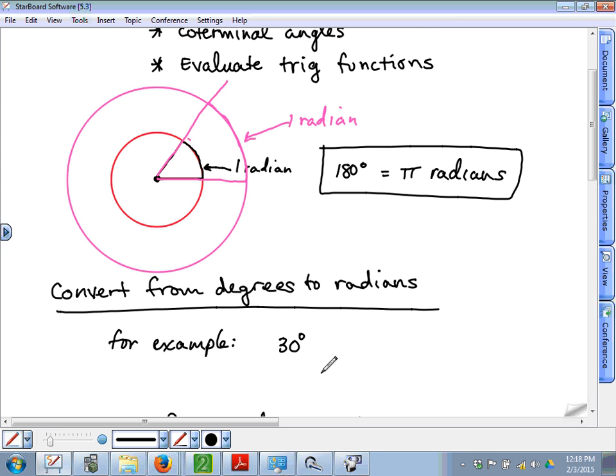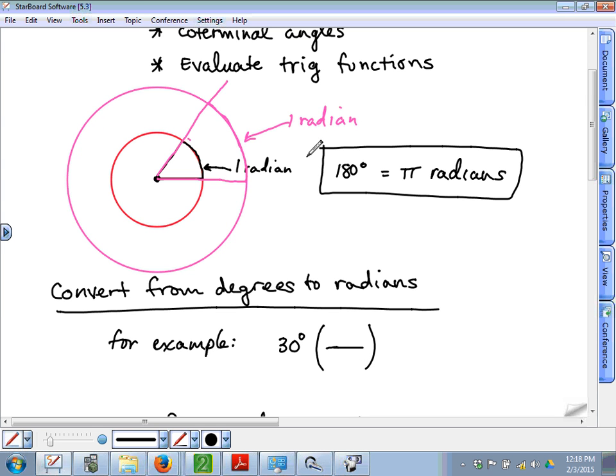But let's say that this is 30 degrees. Just like with that other problem, we need to multiply this by a fraction. And the fraction has to have the same value on top as it does on bottom. Not the same numbers, just like we had 1 minute and 60 seconds. They're not the same numbers, but it's the same value.